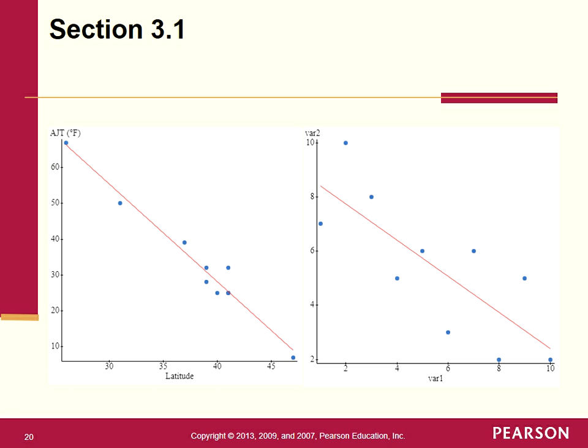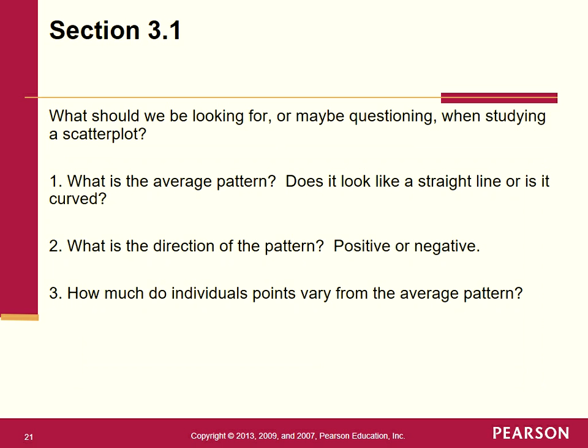Your intuition tells you that when the dots are really close to the trend line, that's a stronger relationship, versus having more variation around the line like on the one on the right. We're going to look at how to measure that later on. All right, let's move on.